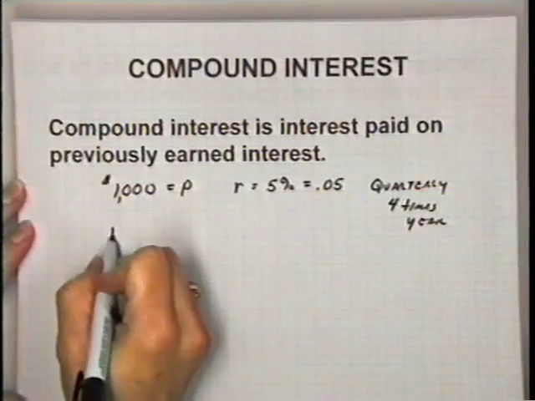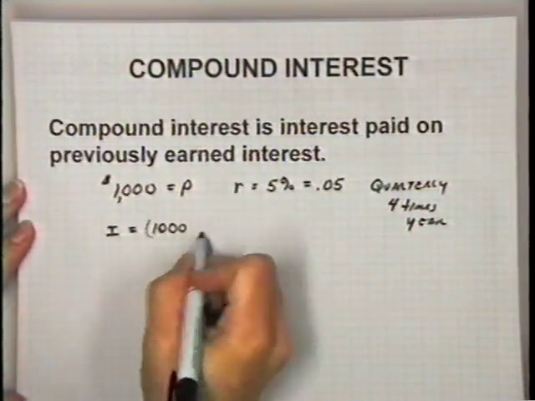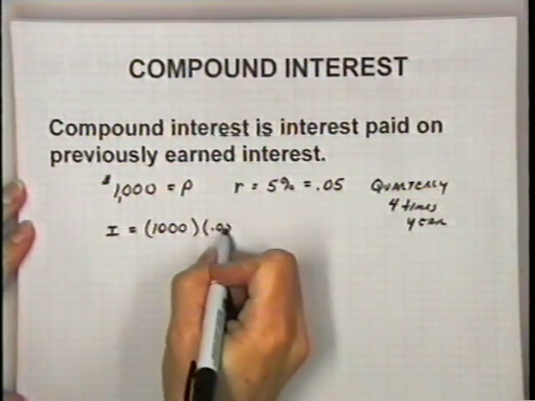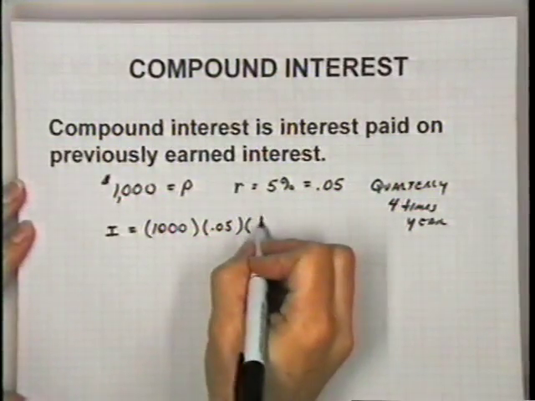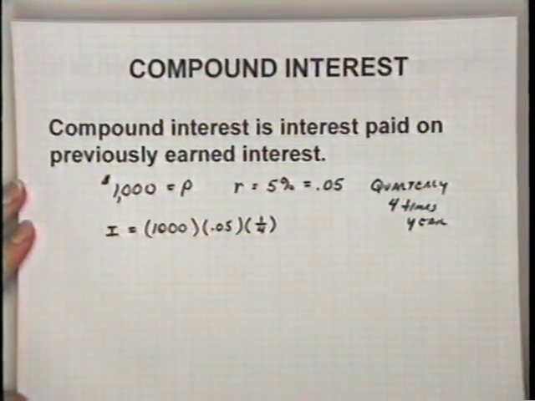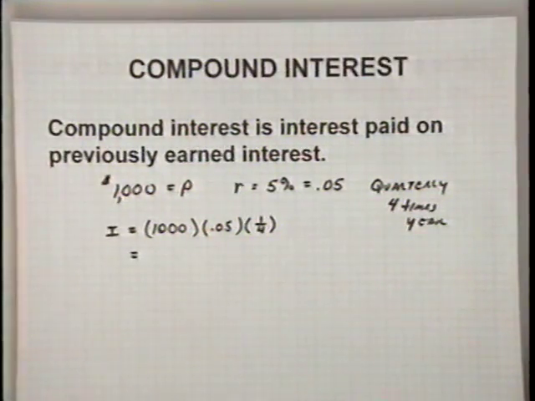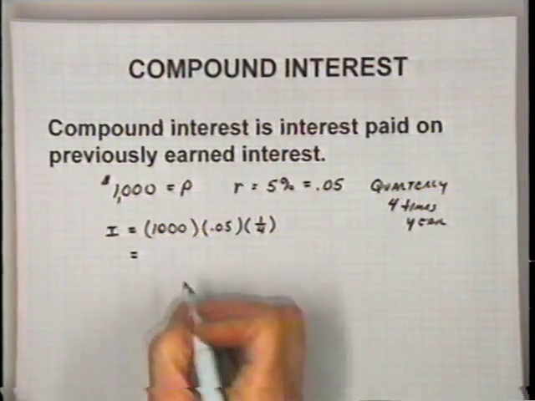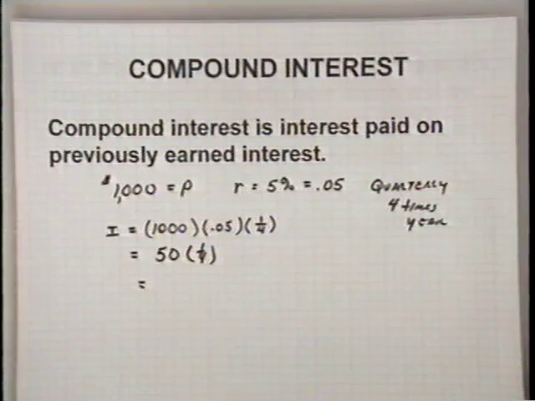Okay, well, if I calculate my interest on $1,000, so I equals the principal, times the rate 0.05, times the time. Now recall the time needed to be in years. That first time, the money will only have been in there for 1/4 of a year. So multiplying 0.05 times 1,000, we have 50 times 1/4, and I'm just going to take my calculator and divide 50 by 4.